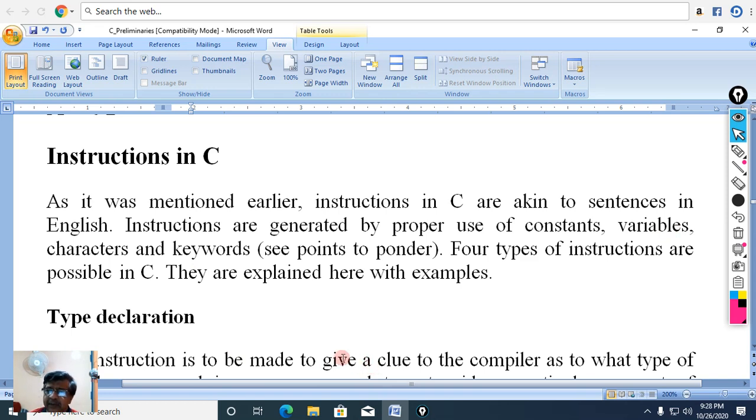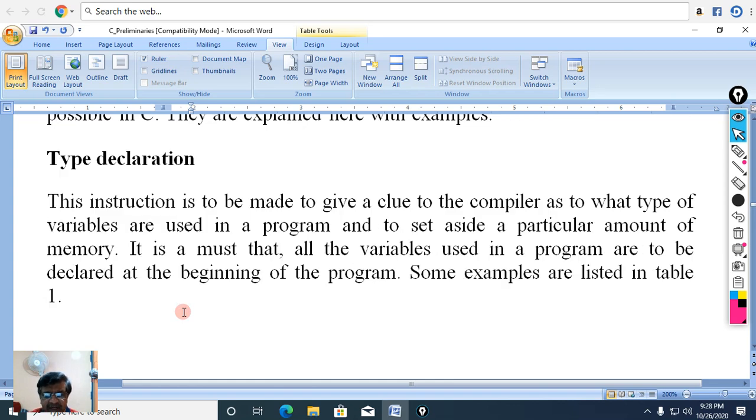Instructions are generated by proper use of constants, variables, characters and keywords. Four types of instructions are possible in C. They are explained here. First, the type declaration. This instruction gives a clue to the compiler as to what type of variables are coming in the running program. By looking at this instruction, the compiler will set aside a particular amount of memory.